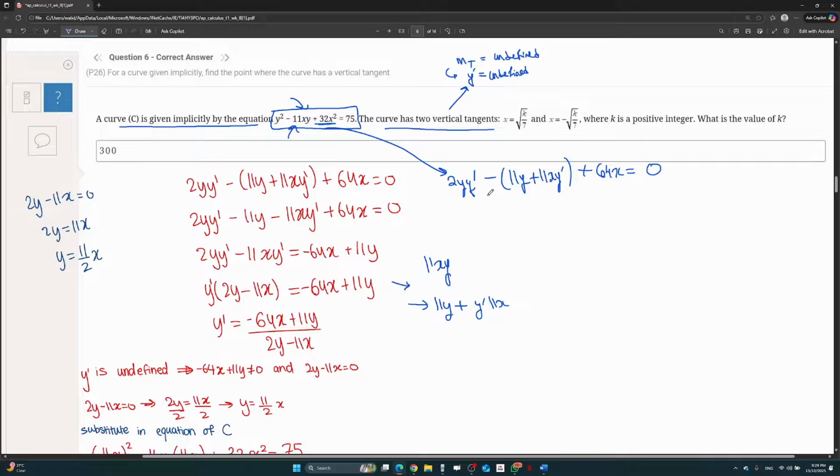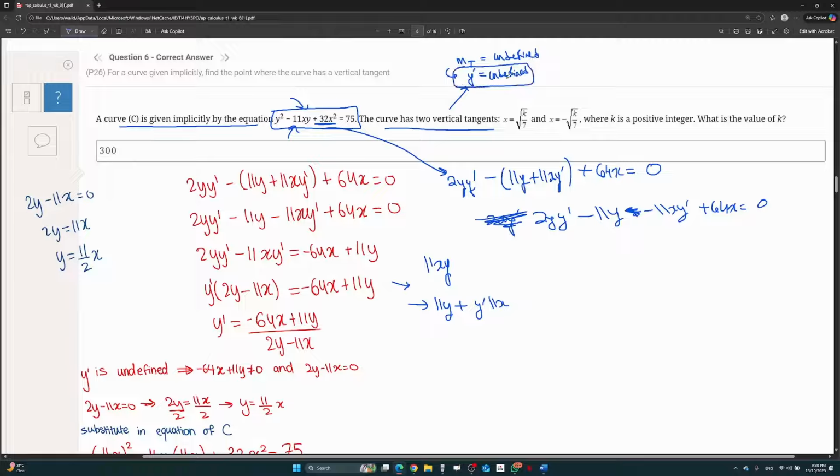Now, let's distribute this minus a bit: 2y y prime minus 11y minus 11x y prime plus 64x is equal to 0. They want y prime to be undefined.